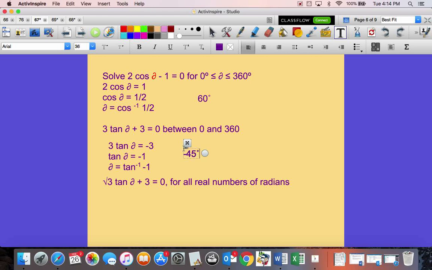All right, there's a problem with that. That is not between 0 and 360 degrees. So even though we did everything right here, the calculator says this, that's not right. This doesn't work.